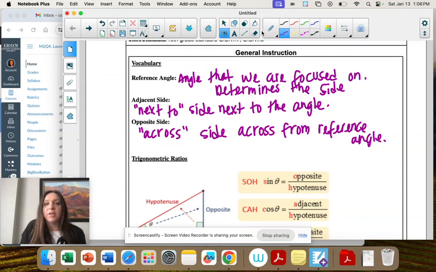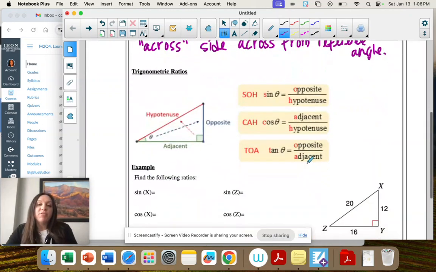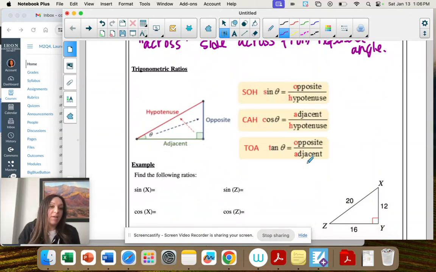And also up here, I'm going to change that to the reference angle. We're focused on the reference angle. So when we have a right triangle, we always label the hypotenuse. It's the one across from the right angle. That one is true. We know that one. But right here, theta, that's our reference angle.